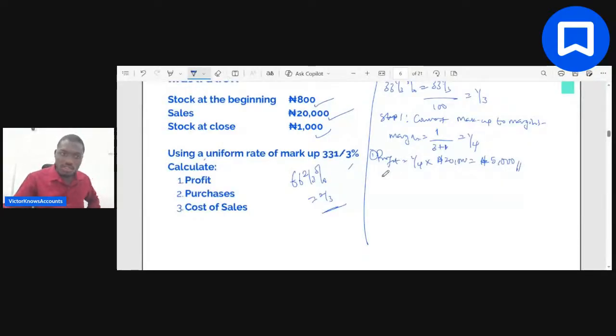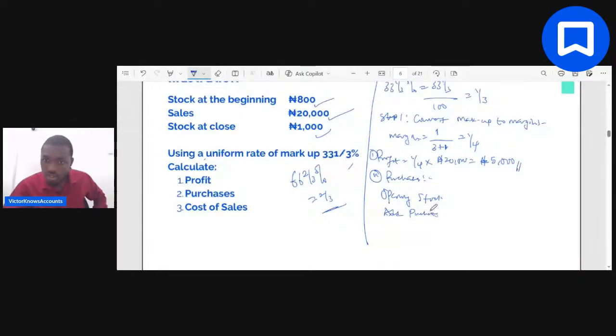And don't forget to calculate purchases. Don't forget that when you want to calculate in your trading account, you have opening stock, add purchases, less closing stock.